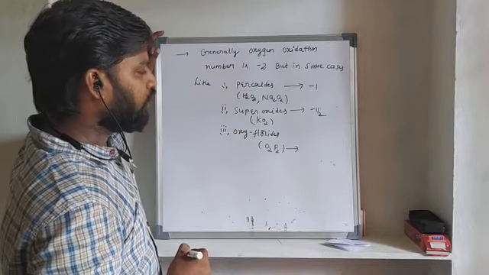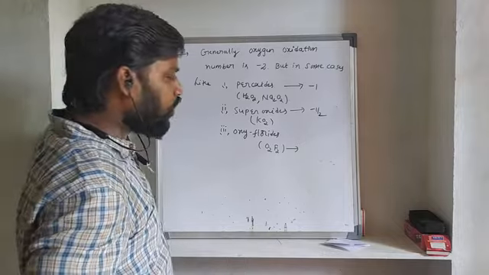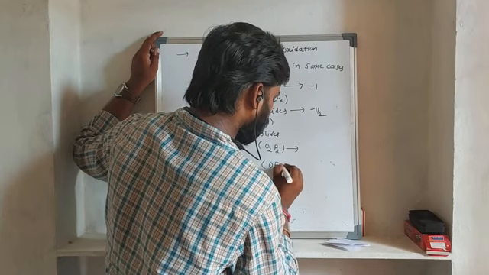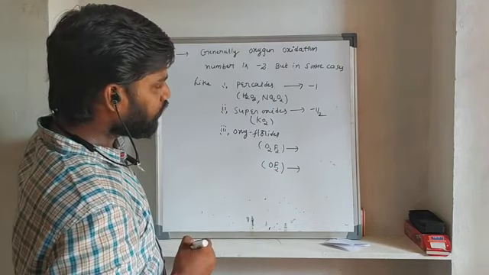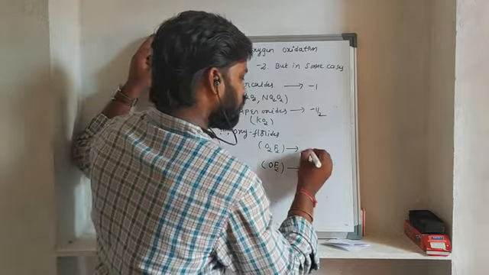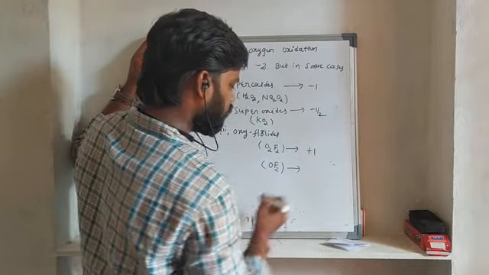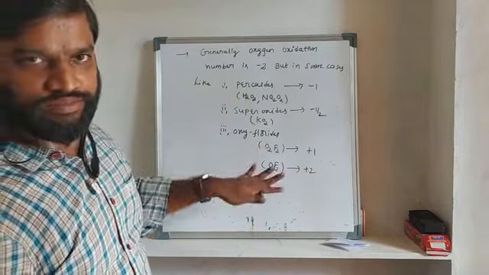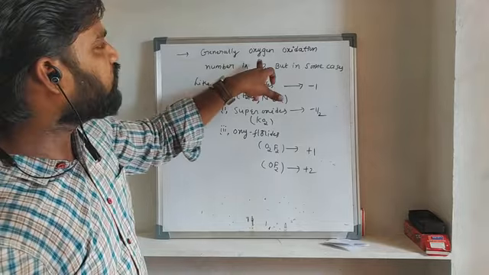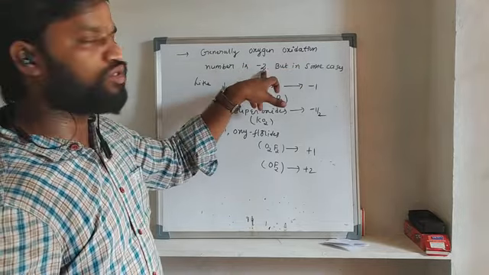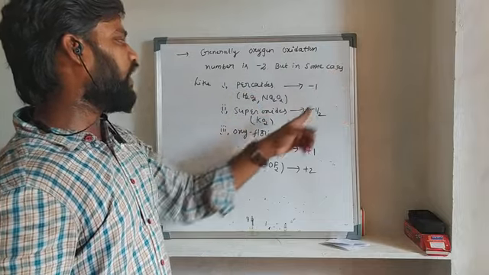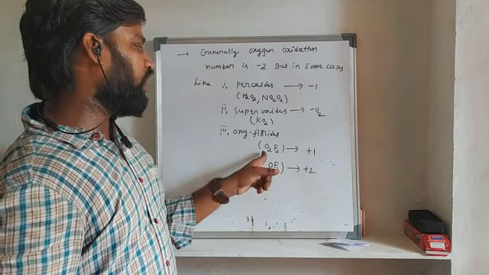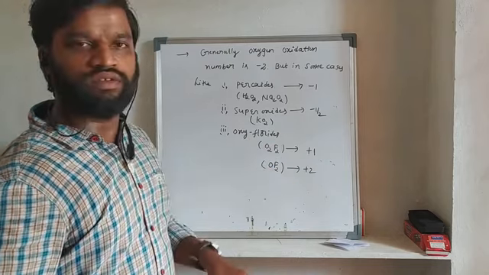In O2F2, oxygen is +1, and in another molecule OF2, it is +2. These are special molecules. Generally, the oxidation number of oxygen is -2, but in some cases, like peroxides -1, like superoxides -1/2, like oxyfluorides in O2F2 +1, OF2 +2.